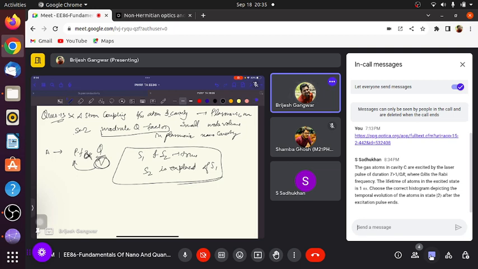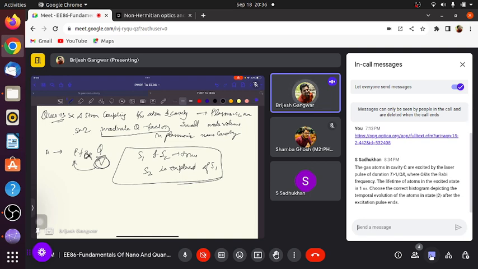Pulse duration T is 1 upon omega r. T is greater than 1 upon omega r. Rabi frequency, this is per second. T is greater than, meaning a longer time than the frequency.